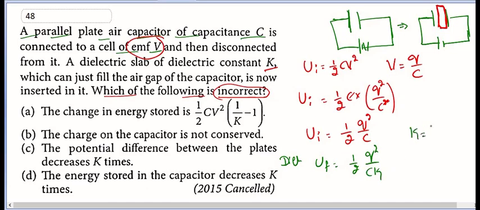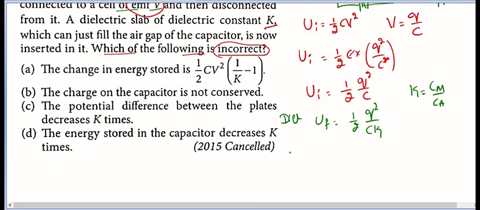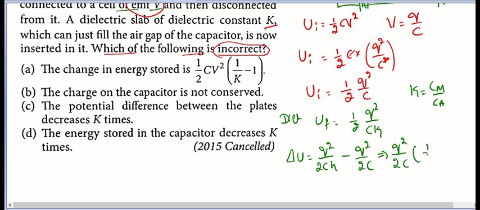Why? Dielectric constant is equal to Cm by Ca. So Cm is the medium capacitance, and converting with K it becomes C into K. Then the change in energy is equal to final minus initial. Now we take a common factor, Q square by 2C, so that is 1 by K minus 1.